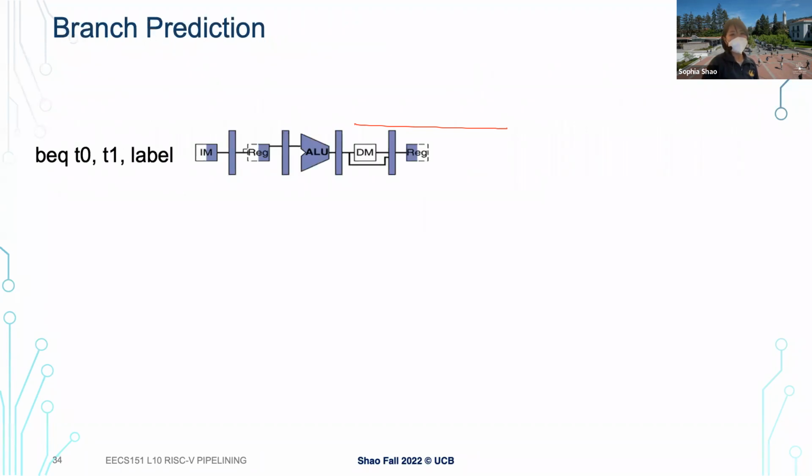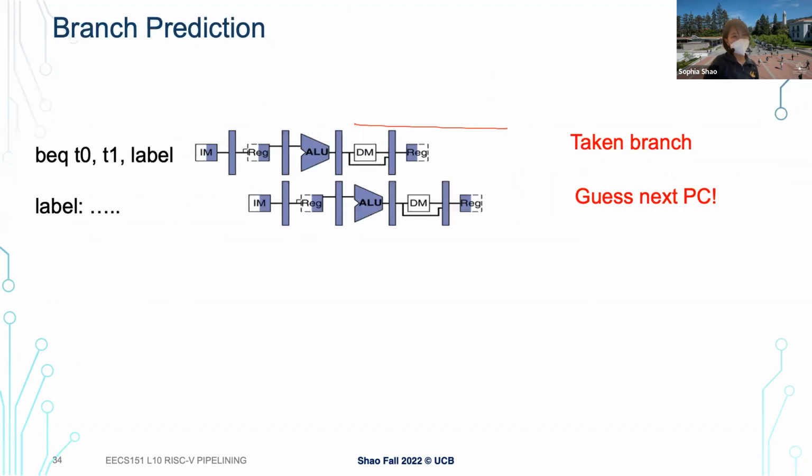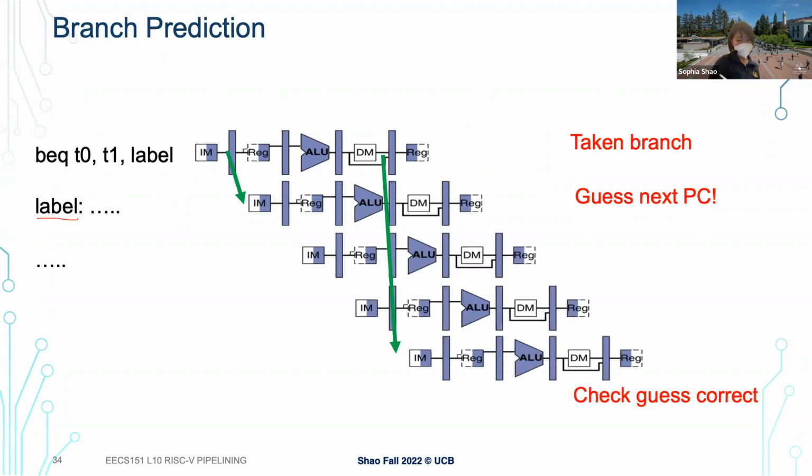With that, we can do branch prediction. If we have seen a branch, we say it's very likely this branch is taken, so we go directly to the label to execute this branch. When we get to this stage, we realize we made the right prediction, our guess is correct, and we don't need to do anything.